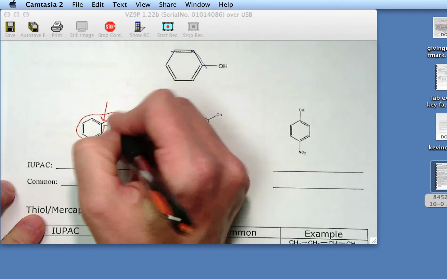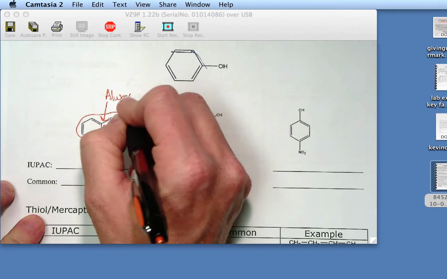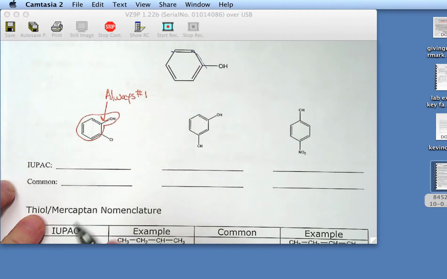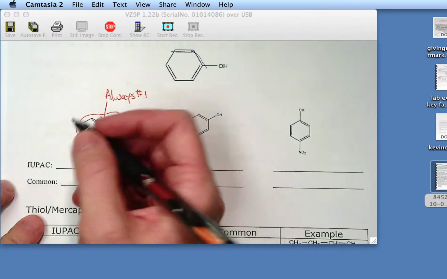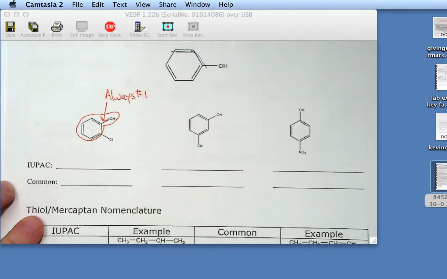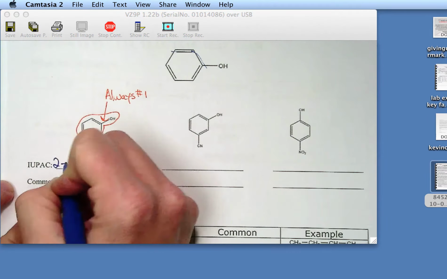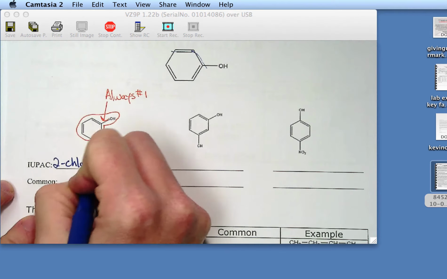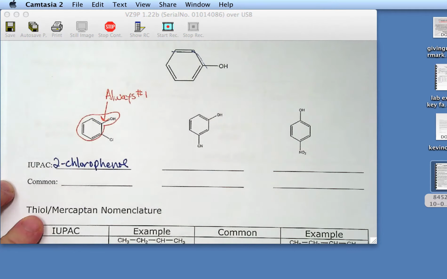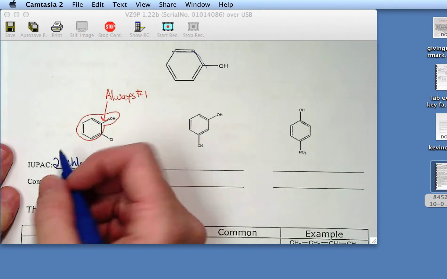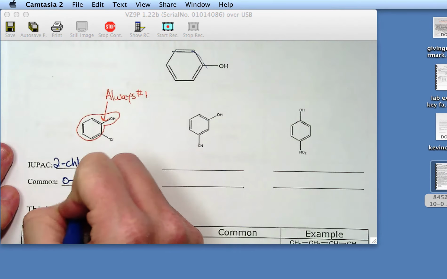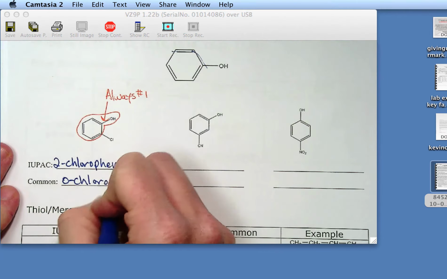This is always number 1. So IUPAC would be 2-chlorophenol. What would the common be? O, O-chlorophenol.